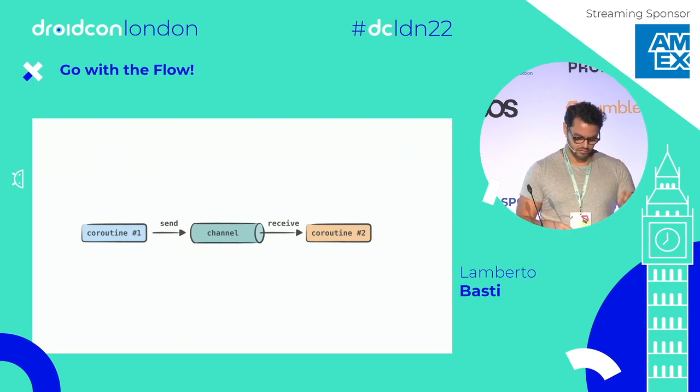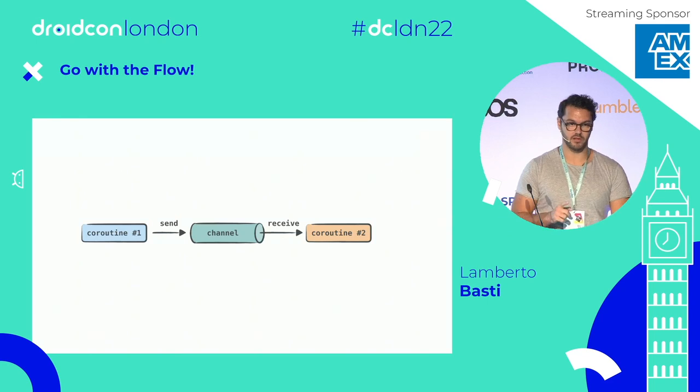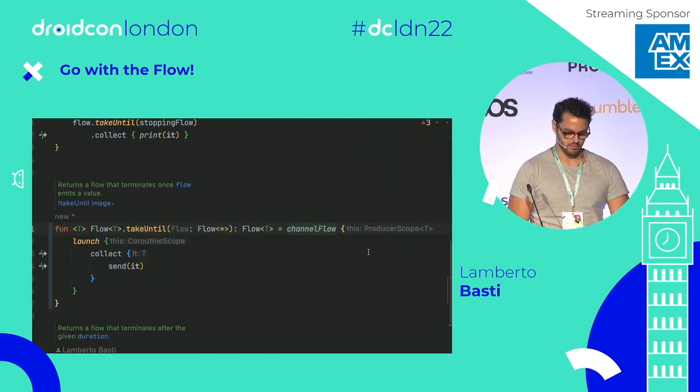Both send and receive are suspending functions, which means that you will suspend if the channel is full, and you will suspend until there is something to receive. And this is very important because it's going to give us back pressure for free. And we're going to see how to implement a more complex back pressure policy properly in the next operator.